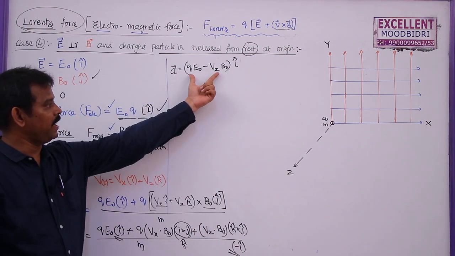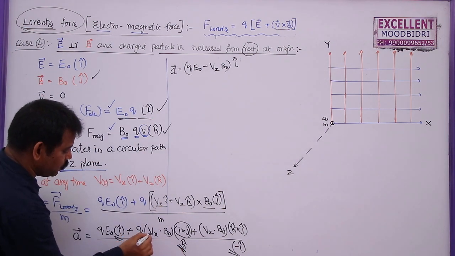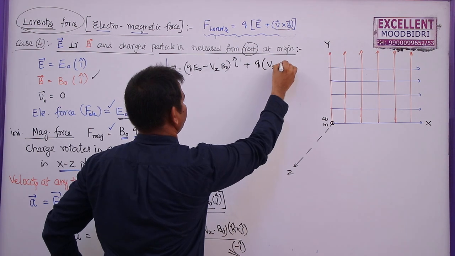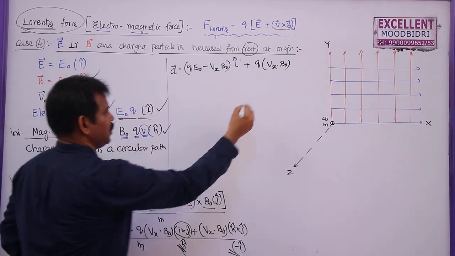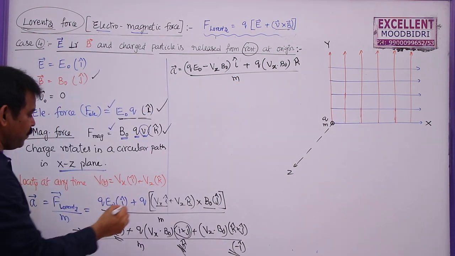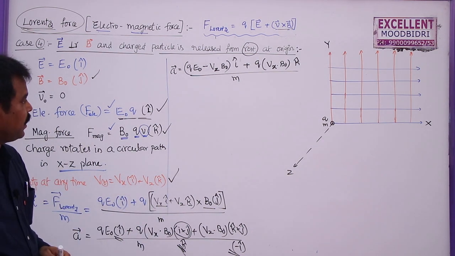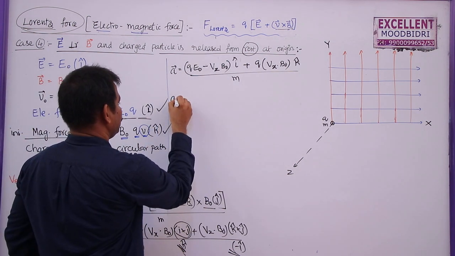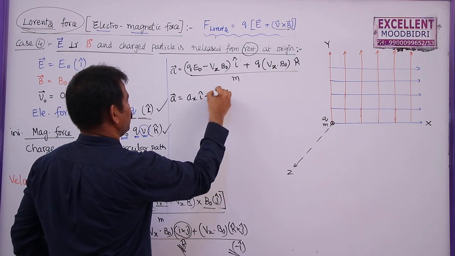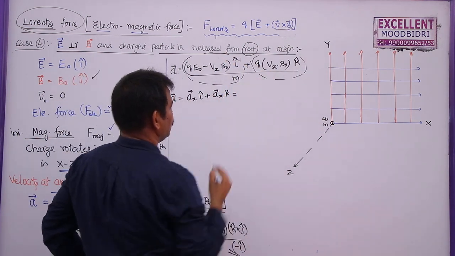This is the force acting along x-axis, and the remaining force, which is acting along z-axis k, is Q Vx B naught k cap, by m. As this is having velocity along x-axis and z-axis, acceleration also acts only along x-axis and z-axis. So a bar can be written as Ax i cap plus Az k cap only. So this must be equal to this. This is along x-axis, this is acceleration along z-axis.